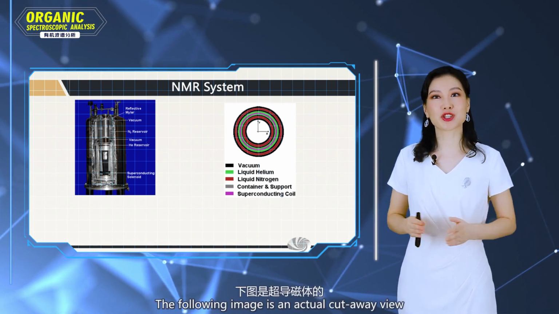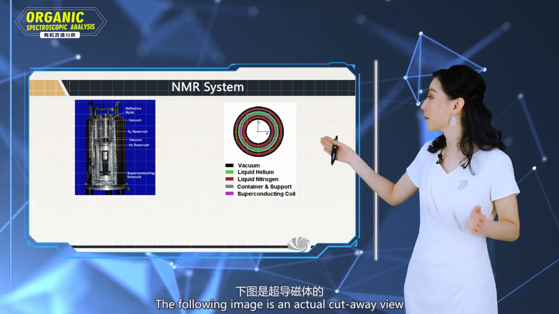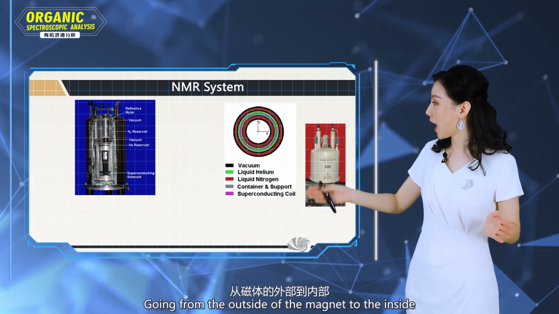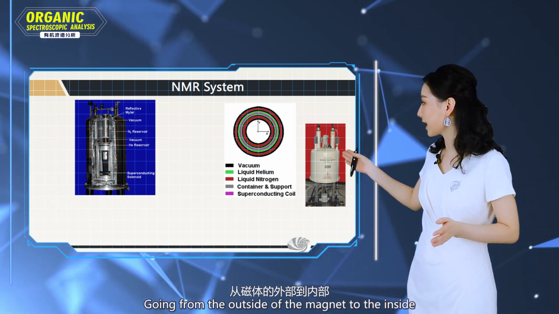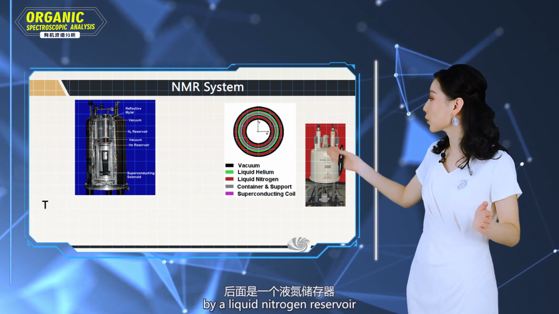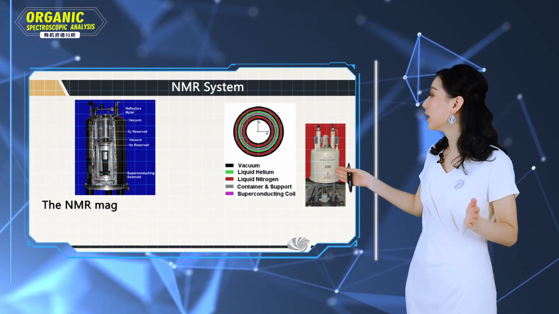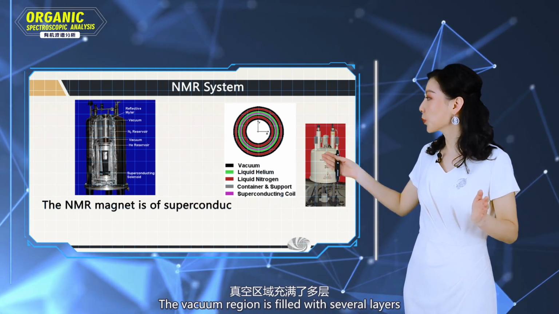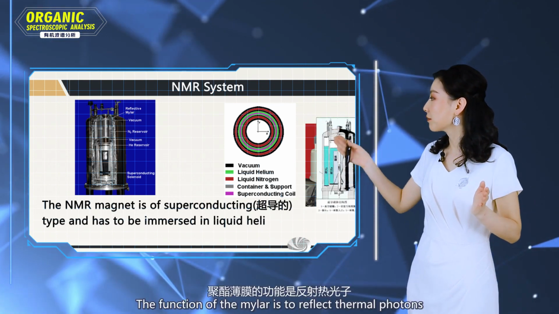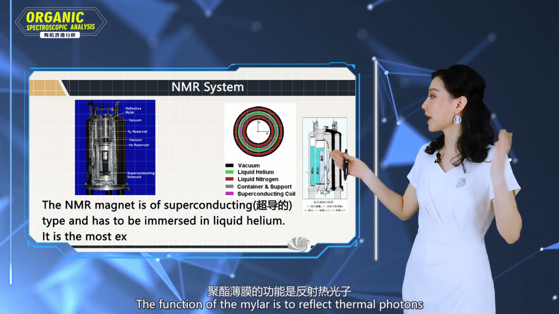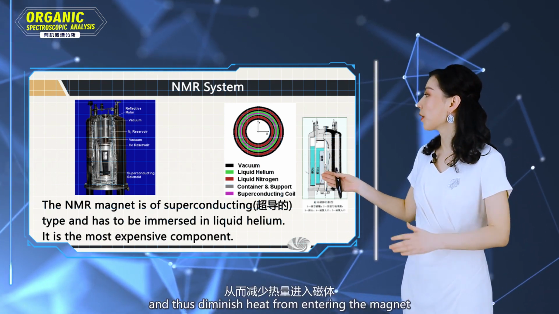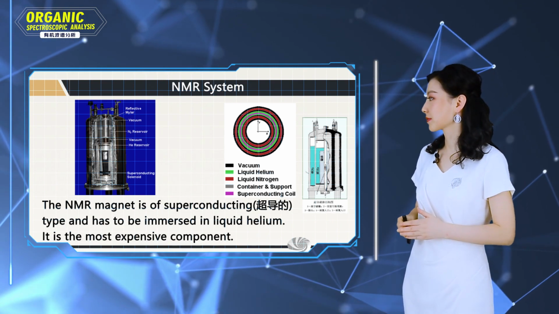The following image is an actual cutaway view of a superconducting magnet. Going from the outside of the magnet to the inside, we can see a vacuum region followed by a liquid nitrogen reservoir. The vacuum region is filled with several layers of reflective material. The function of the material is to reflect the thermal photons and thus diminish heat from entering the magnet.